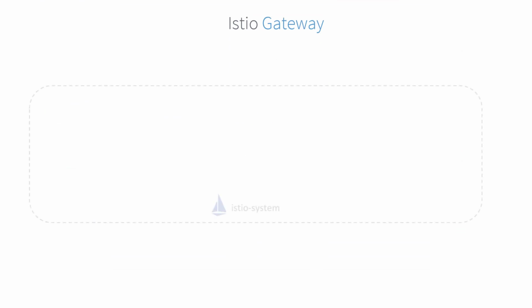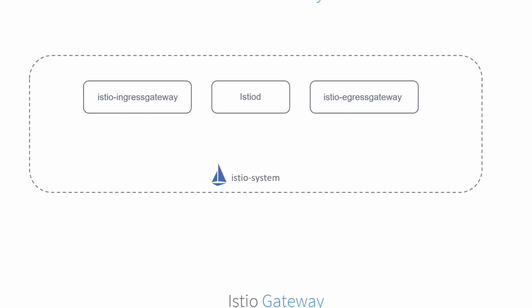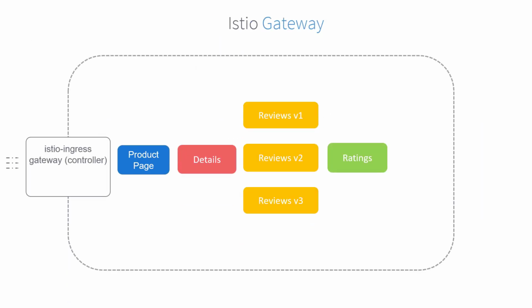If you remember, we discussed earlier that when we deploy Istio on our cluster, it deploys 2 additional components known as the Istio Ingress Gateway and Istio Egress Gateway. These are Istio Gateway controllers, just like the ingress controller that we talked about earlier. The Ingress Gateway manages all inbound traffic to the services, and the Egress Gateway manages all outbound traffic from these services.